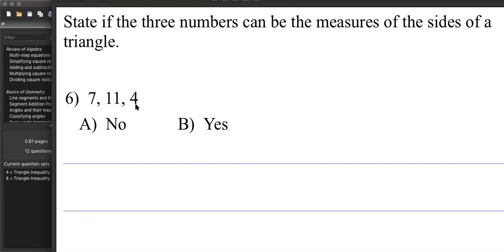It's got to be bigger than 4, less than 18. So 4 on the nose does not work. Think about it. If you had 7 inches, 11 inches, and 4 inches, 7 plus 4 is 11. So you're just going to get a straight line. It won't turn into a triangle. It's just a perfectly straight line. No triangle here. So that one's got to be a no.